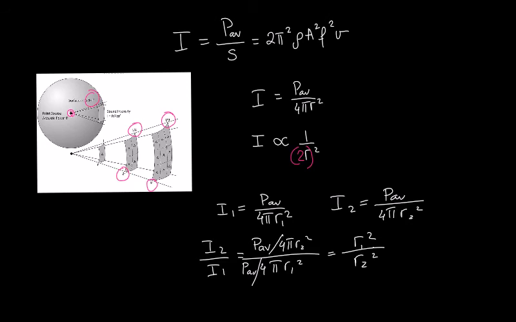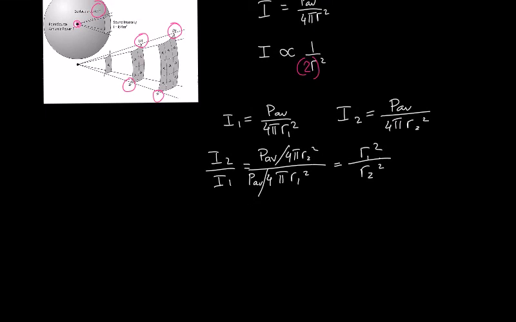So, for example, when the distance doubles, which means r2 divided by r1 equals 2, then the intensity is reduced by 4 times.